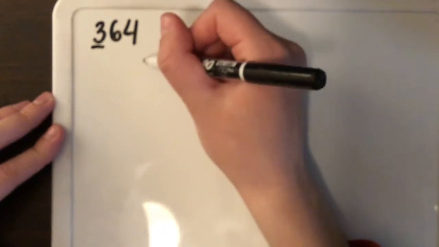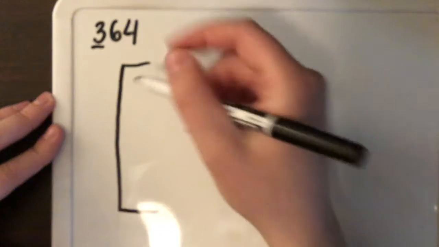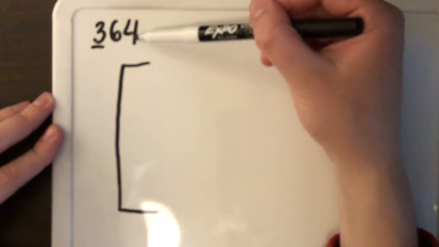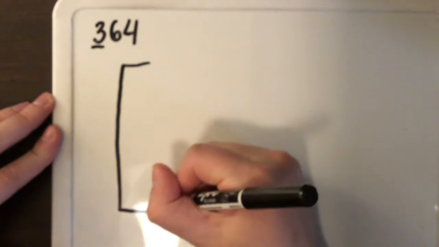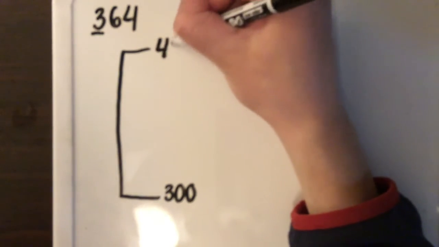I'm going to draw my vertical number line, and I want to put the 100 that is before 364 and the 100 that is after 364. The 100 that is before 364 would be 300, and the 100 that is after 364 would be 400.